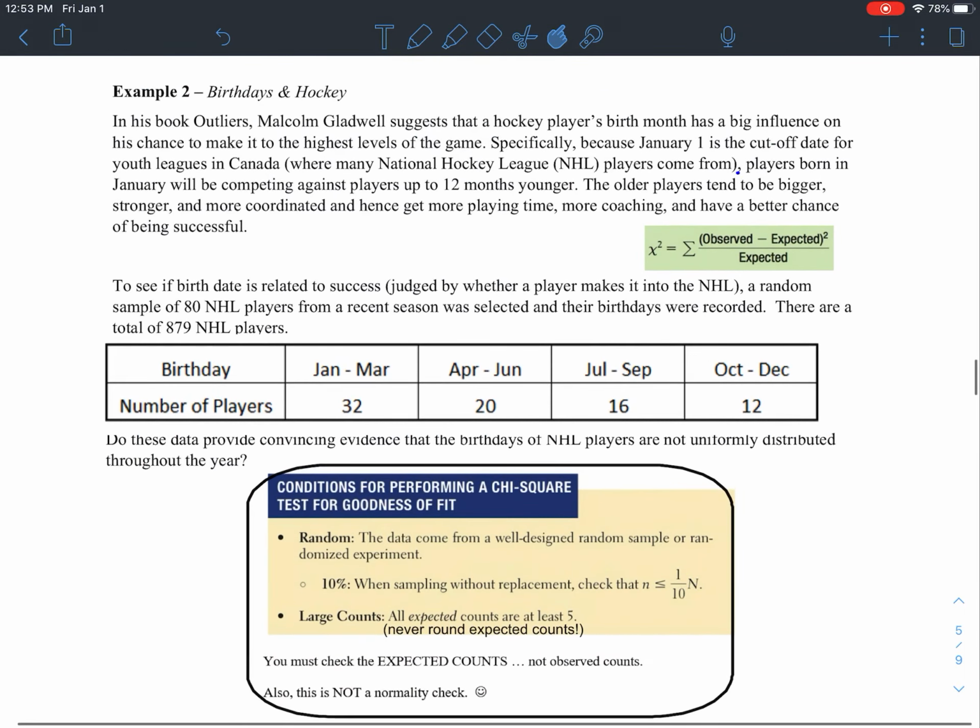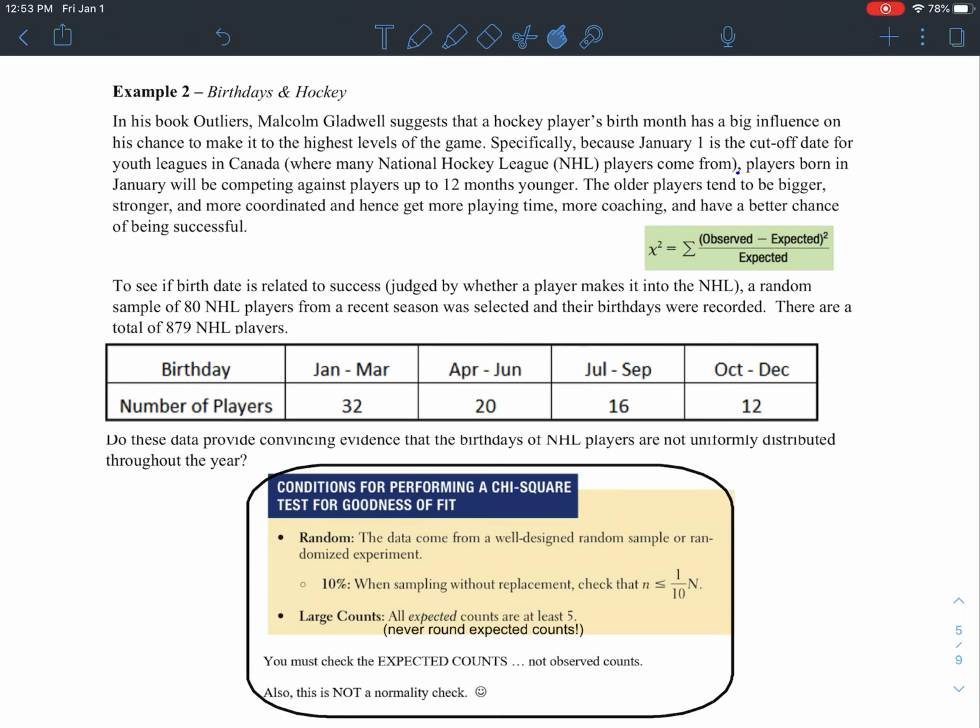Okay, we're going to end today with one final example here, walking through this example that's talking about birthdays and National Hockey League players. It says, in his book Outliers, Malcolm Gladwell suggests that a hockey player's birth month has a big influence on his chance to make it to the highest levels of the game. Specifically, because January 1st is the cutoff date for youth leagues in Canada.